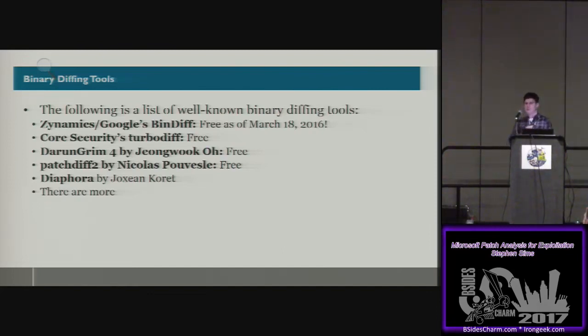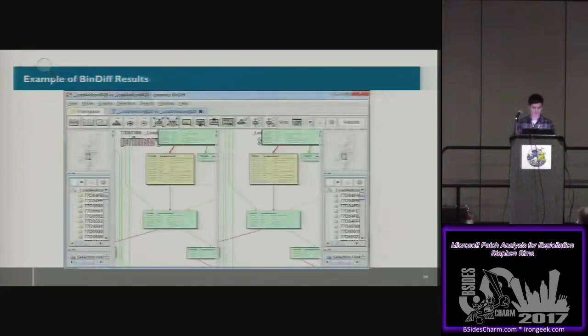So if the assembly looks different when you compile it two different times, you want a tool that's smart enough to know, hey, if this says we're going to zero out this register, that's the same thing as subtracting something or negating it once it's this value. There are different ways you can have that same result. So we want something that's smart like that, and Diaphora has some really great heuristics that it uses.